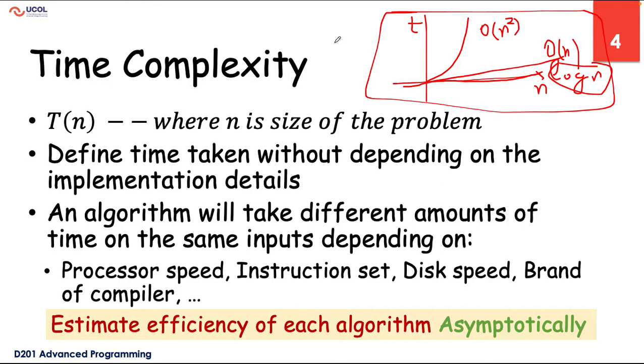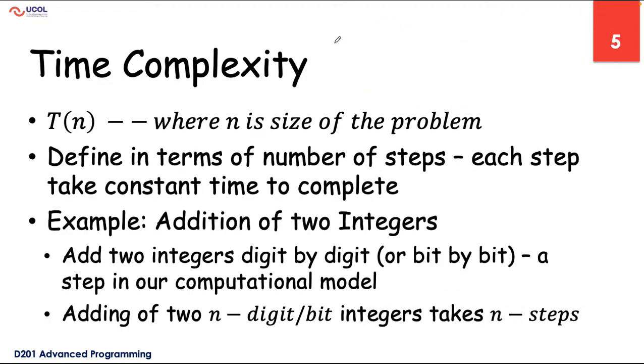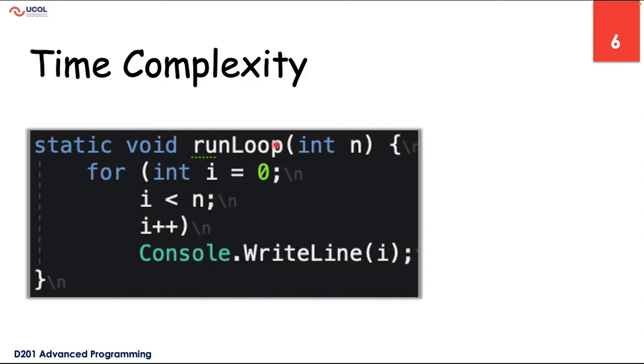Okay, so again, we are defining in terms of the number of steps, that particular specific T(n) in the number of steps. Each step takes constant time to complete, and then how many times, so add two integers. Let me give you an example. Consider that this is a loop, it is not doing anything.